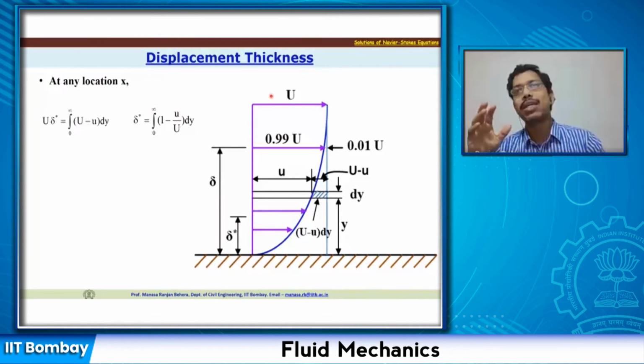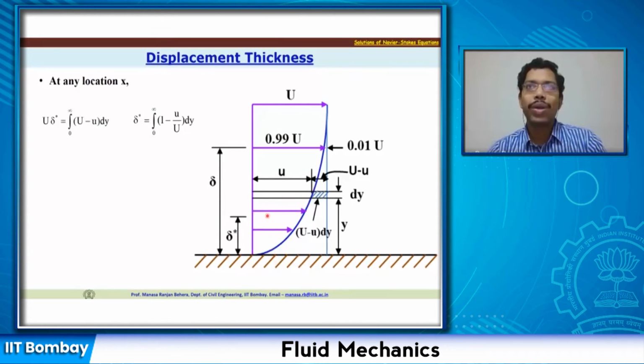And that total flux, if I assume that there is no retardation, rather it is U, the free stream velocity, everywhere, what would be the distance delta star, that is the displacement thickness, in comparison to that total retardation?